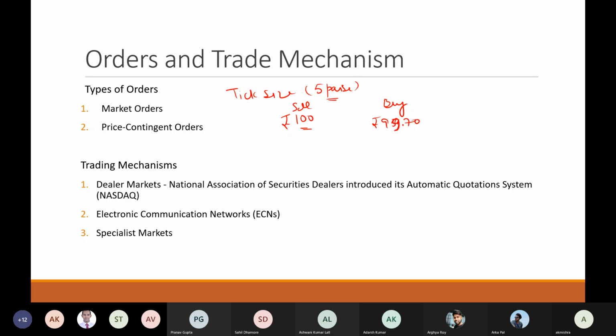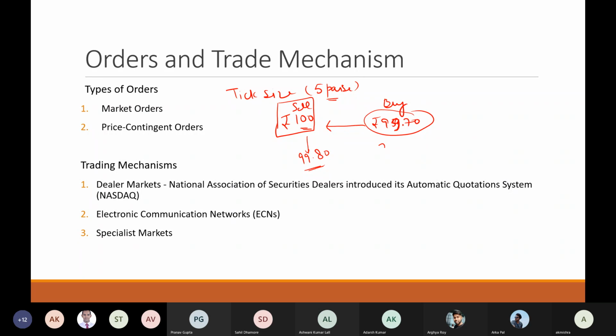So either you wait till the market adjusts the price and you get your expected price of 100 rupees, or you revise your order. Let's say you come down from 100 to 99 rupees 80 paise, and this buyer also adjusts. Because if you both are not modifying your orders, you won't be able to get the stock.